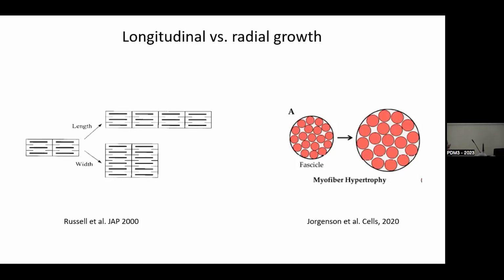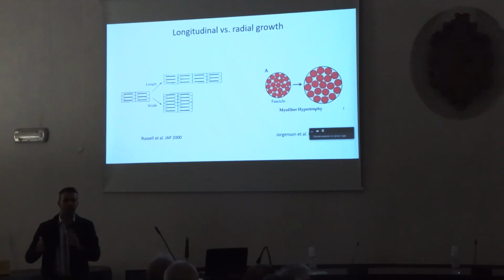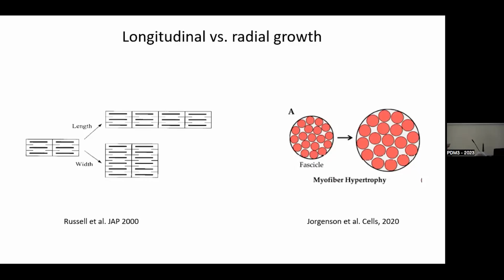And if we think about the growth of muscle, we could really narrow this in terms of addition of contractile material in two different ways. An addition of new contractile materials in series or in parallel that is related also to the radial growth of muscle.